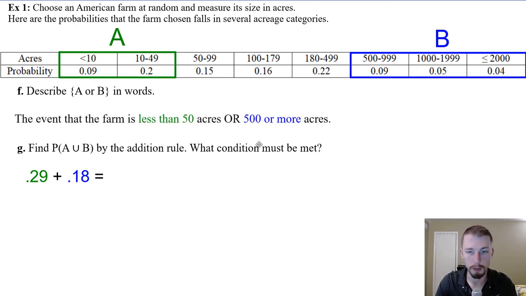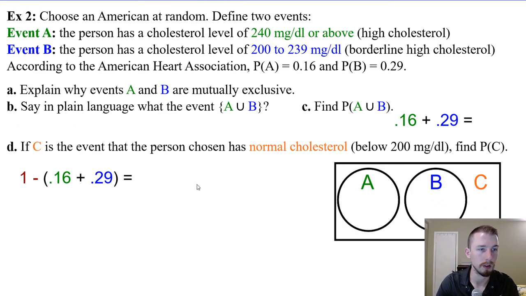That is how we would describe it in words with "or," because we're dealing with the union of the two, not the intersection, which would be the "and." Find the probability of A or B by the addition rule. Again, we can add these together because they're disjoint, so we don't have to deal with any overlap. So 0.29 plus 0.18 is going to give us 47% altogether.